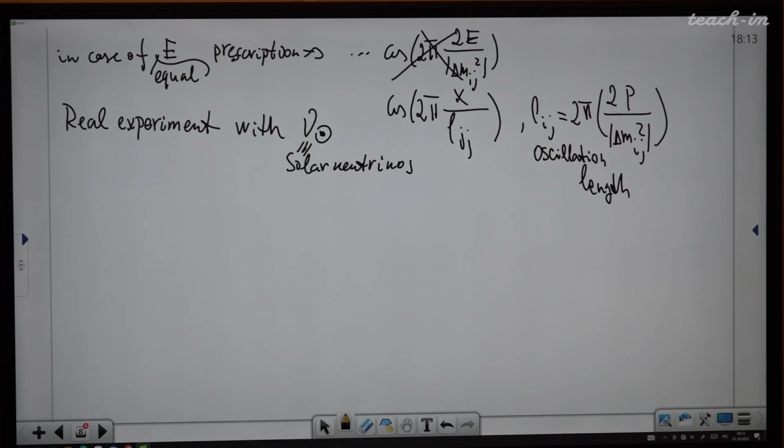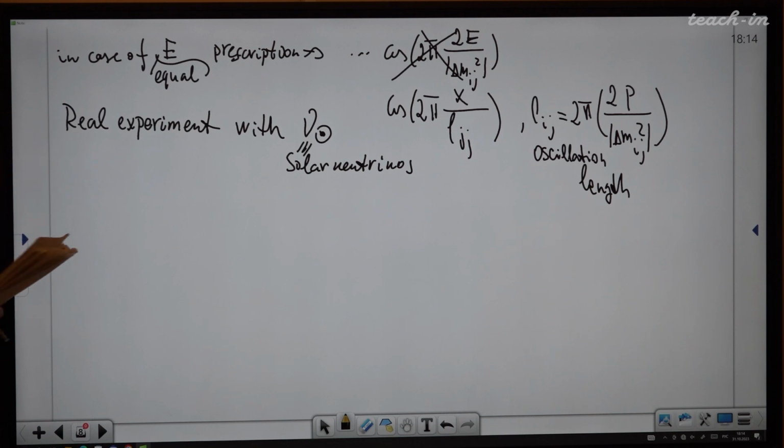So in order to use these idealistic formulas, the first step is that we should average over the distance neutrinos travel, because we are detecting a flux of many neutrinos, and each neutrino in general travels its particular distance. So we should average over the distance or over time.